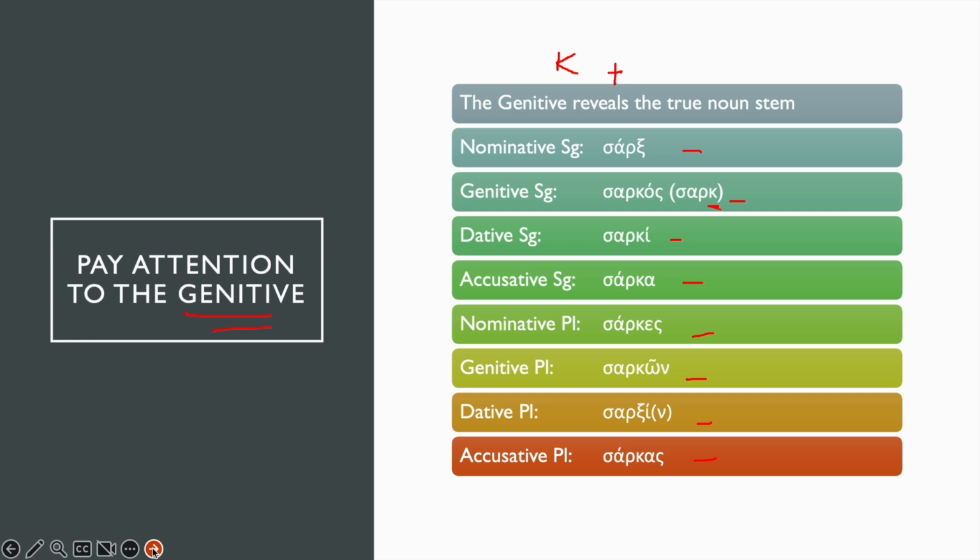It's because the kappa at the end of the stem reacts with the sigma to create a xi. So sark becomes sarx, and sarkin becomes sarxin. The kappa and the sigma come together.